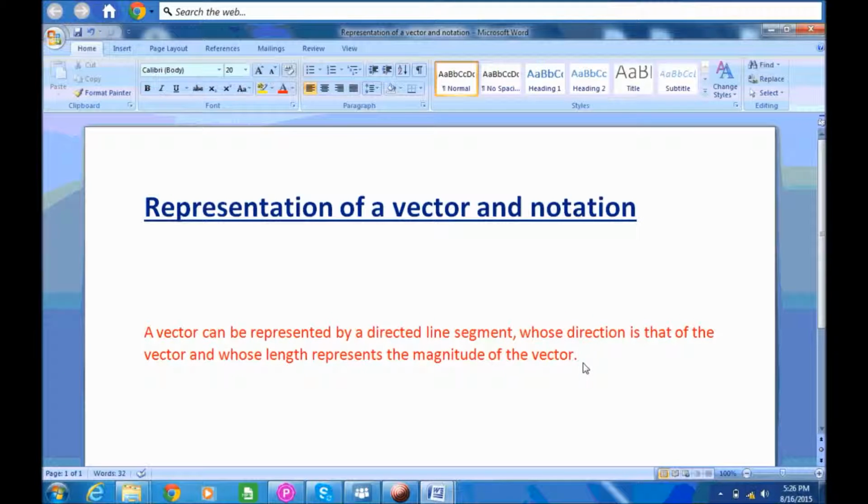Representation of a vector and notation. A vector quantity can be represented by a directed line segment whose direction is that of the vector and whose length represents the magnitude of the vector.